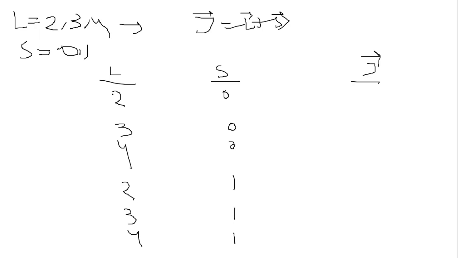So here L is equal to 2 and S is equal to 0 and J is equal to L plus S. So here since S is equal to 0, J is directly 2, 3 plus 0 is 3 and 4 plus 0 is 4.